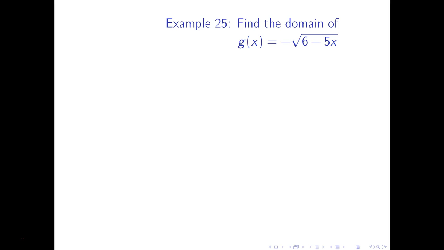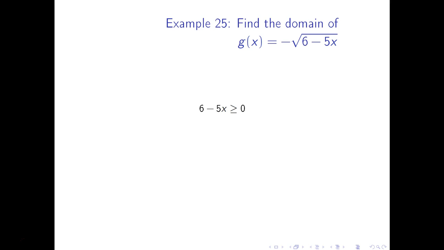Go ahead. Well, hopefully you start off by saying whatever's underneath the square root has to be larger than or equal to 0, like that. Well, if you didn't, pause the video and finish solving this.